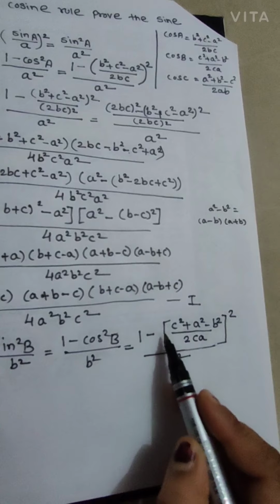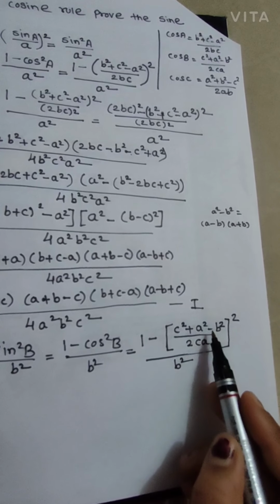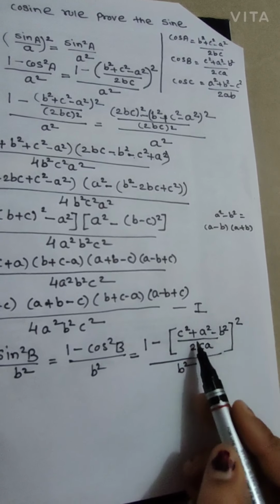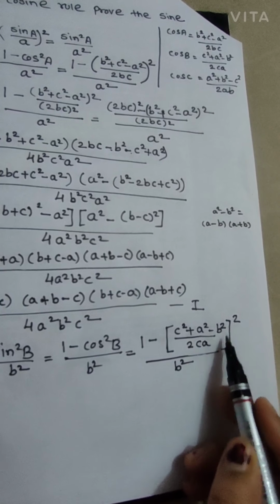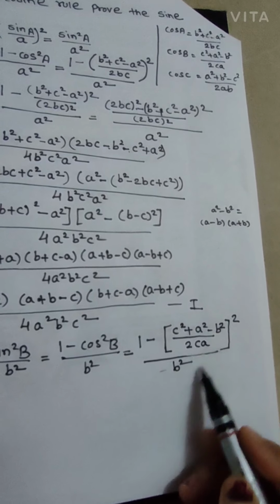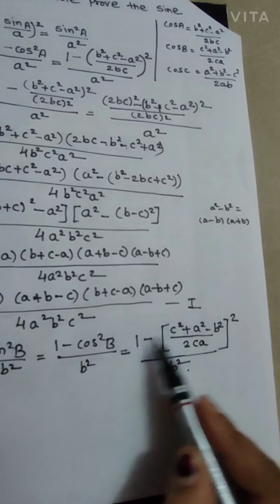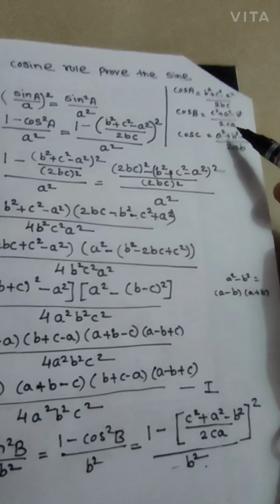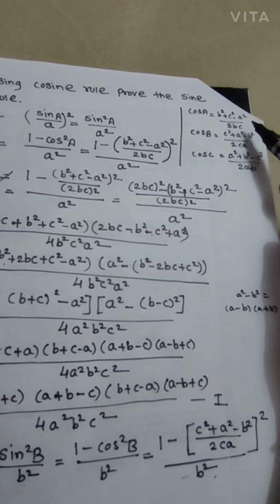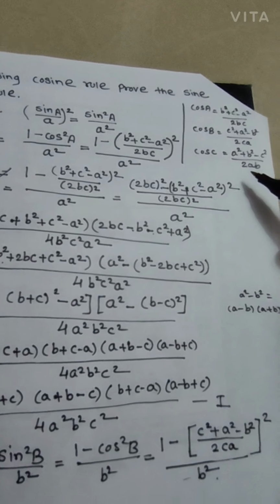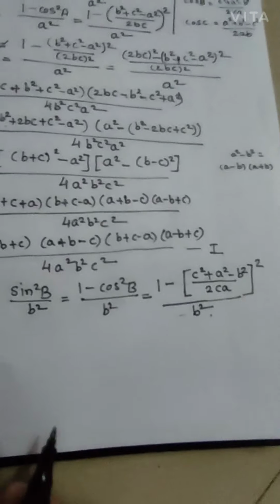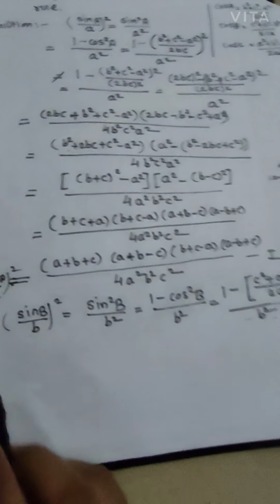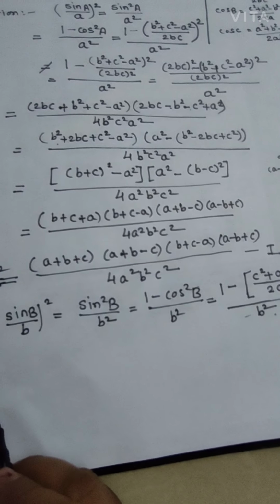Now let's see: 1 minus ((c square plus a square minus b square) over 2ca) whole square, upon b square. Here the value of cos b is this whole bracket. I have given the values like this: cos a, cos b, and cos c. Now let's come to the point. What to do here?